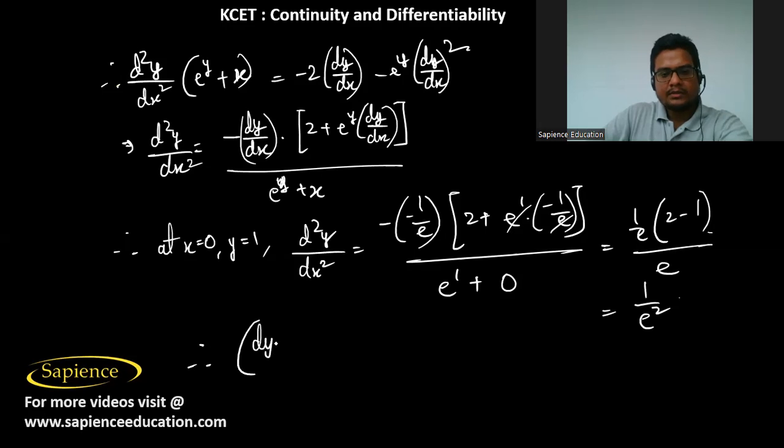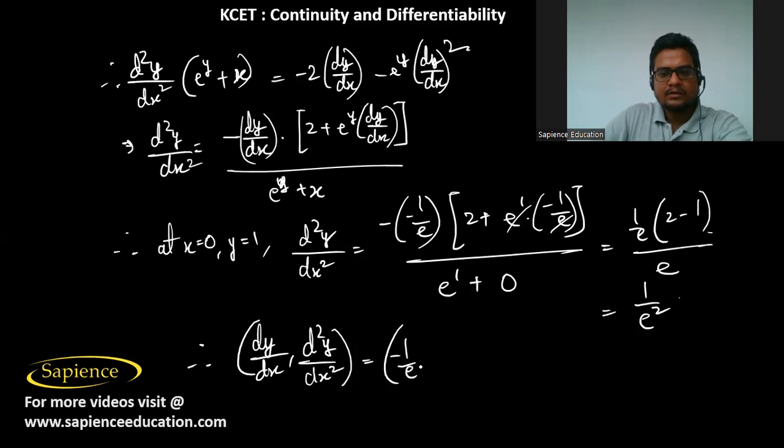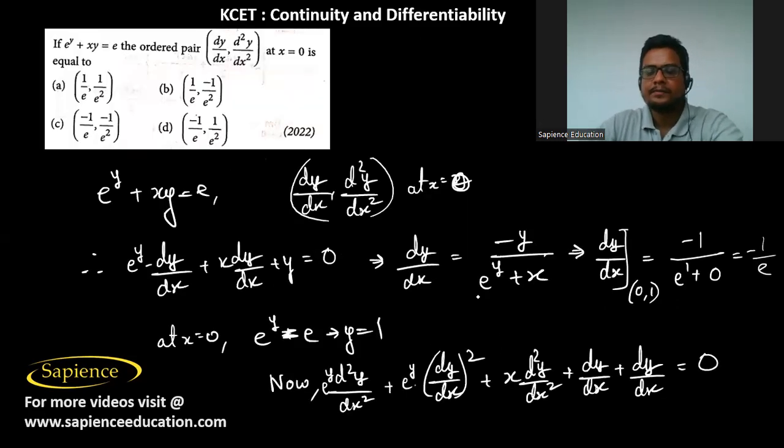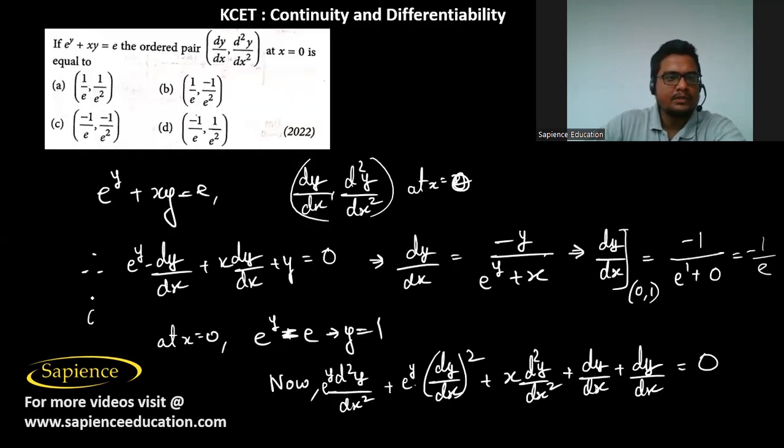So therefore the ordered pair dy by dx comma d square y by dx square will be equal to minus 1 by e comma 1 by e square. So option D is the correct answer.